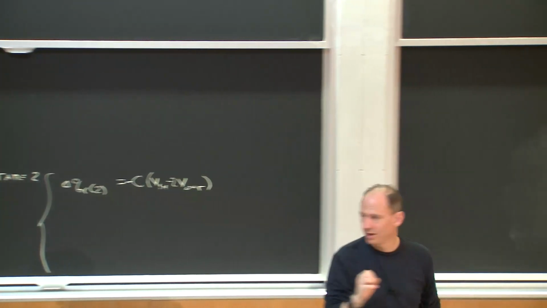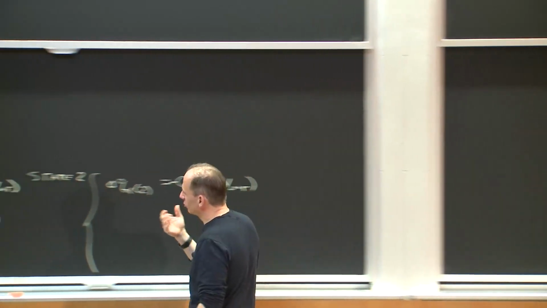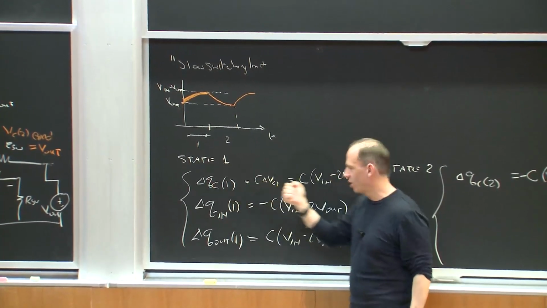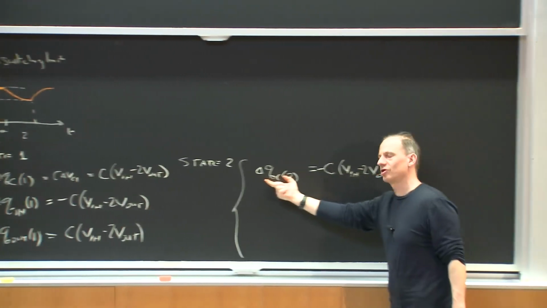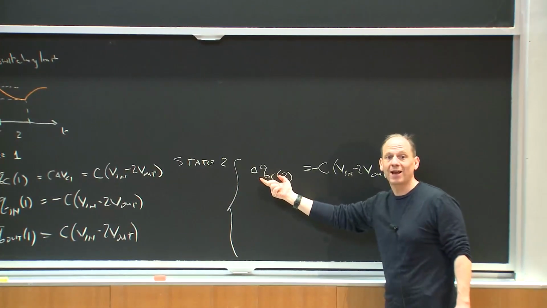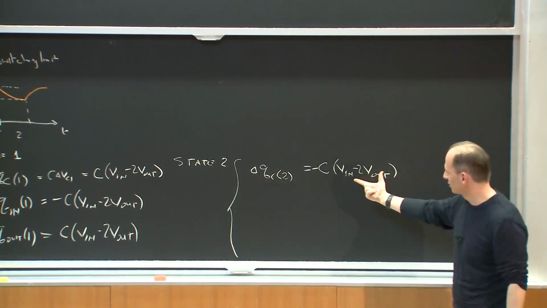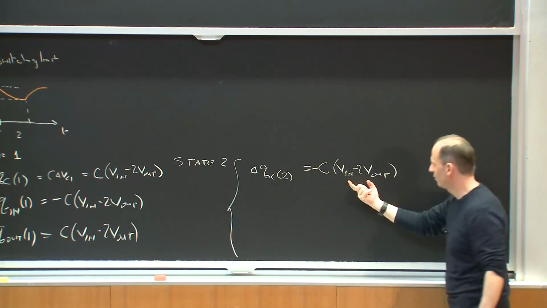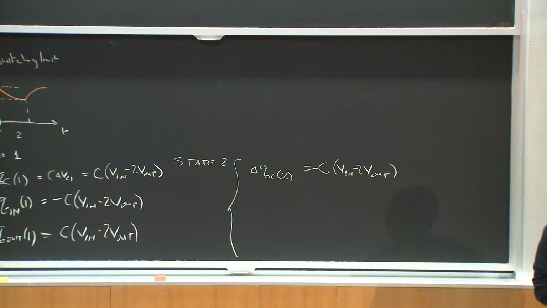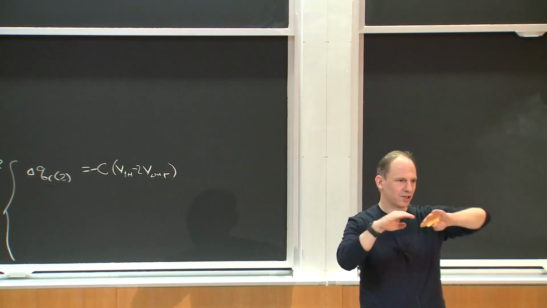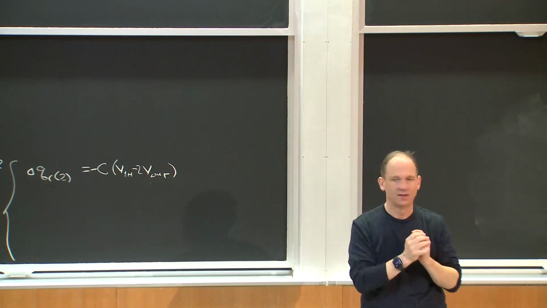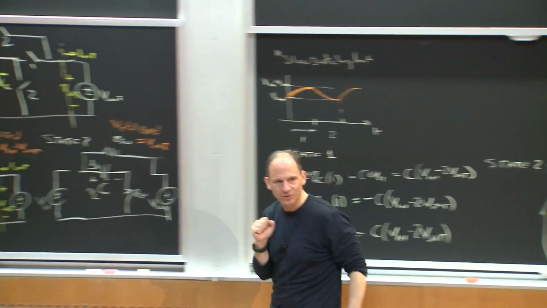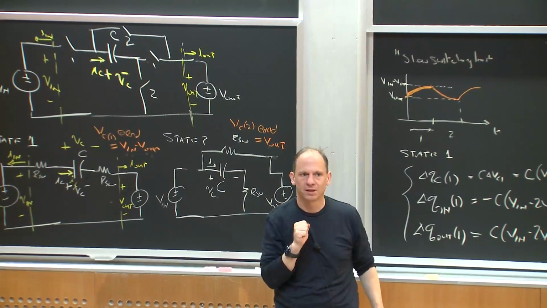Zero. So delta QC1, the charge transferred onto the capacitor in state 1, plus delta QC2, the charge transferred onto the capacitor in state 2, better add to zero. You can see that it does if I write it this way: C times V in minus 2 V out plus minus C times V in minus 2 V out. So they add to zero. Indeed, if I assume it's charged to its initial and final states, this satisfies the periodic steady state requirements on the capacitor. Any questions about that?